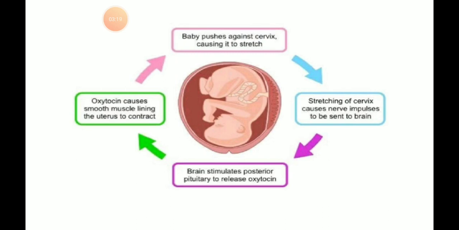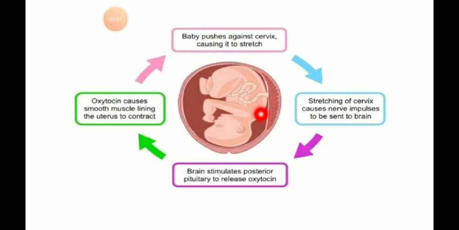The baby pushes against the cervix, causing it to stretch. The stretching of the cervix causes nerve impulses to be sent to the brain. Then the brain stimulates the posterior pituitary to release oxytocin. This oxytocin causes the smooth muscle lining the uterus to contract. So this is the way the whole phenomenon goes on.